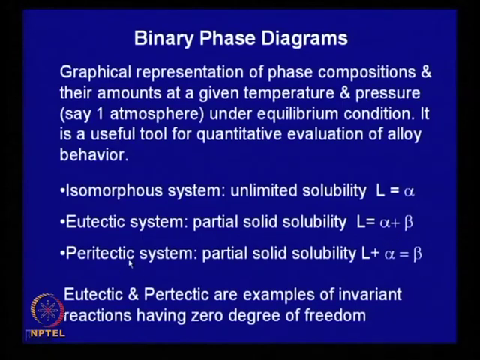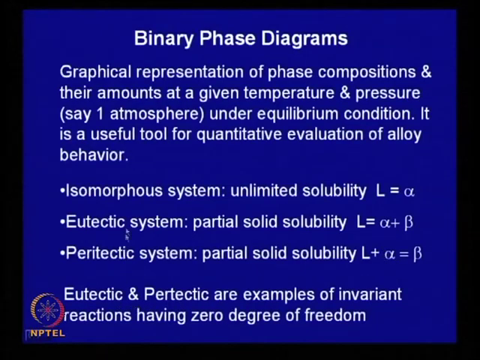We also looked at a peritectic system, which is also a case of partial solid solubility, with limited solubility in the solid state but unlimited solubility in the liquid state. Here, under certain conditions over a range of composition, the liquid reacts with the solid which has precipitated out to give a different solid, like in this particular case, liquid reacts with alpha to give beta, where beta has entirely different physical characteristics and structure from that of alpha.